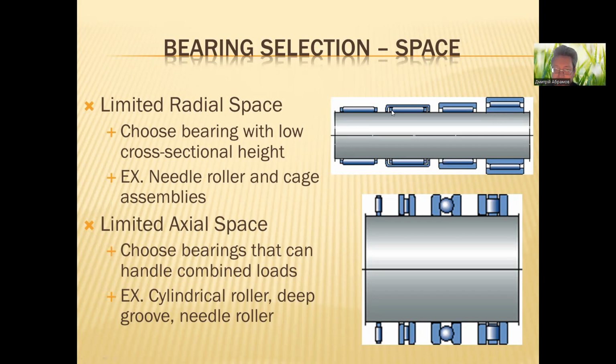Please write down in your notes these two schemes, figure 1 and figure 2. It's if limited radial space and if limited axial space. We use different types of rollers. Please write down in your notes these figures.